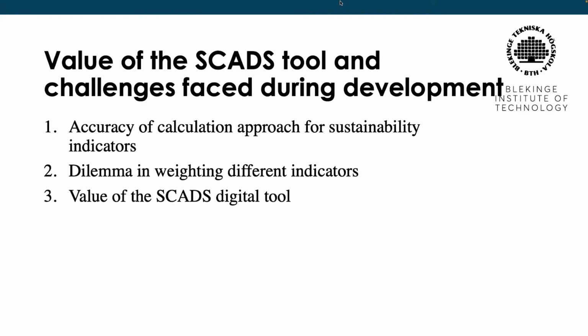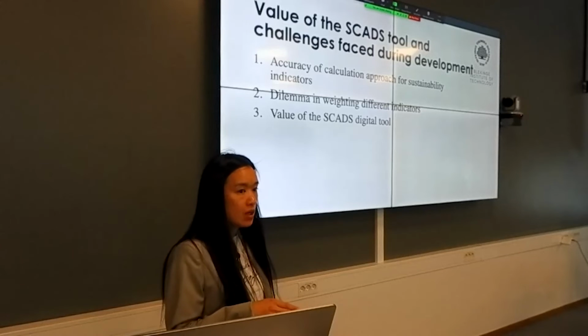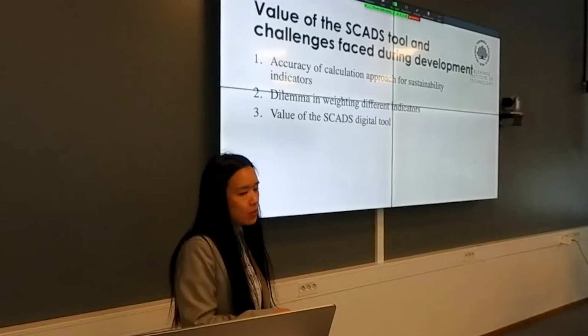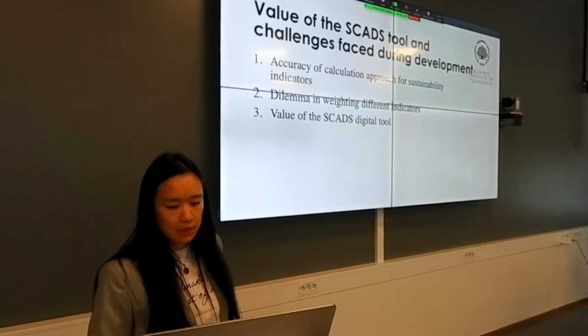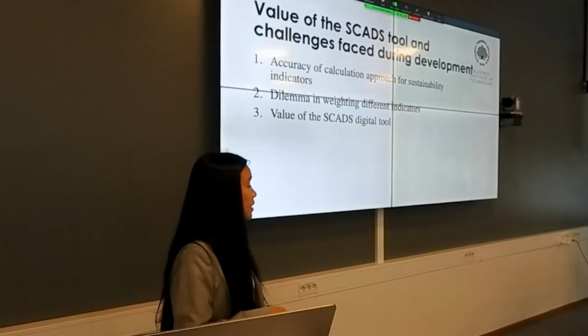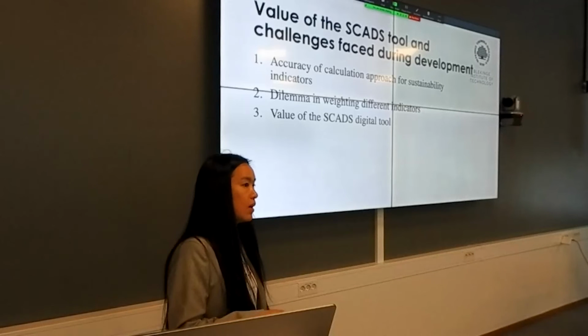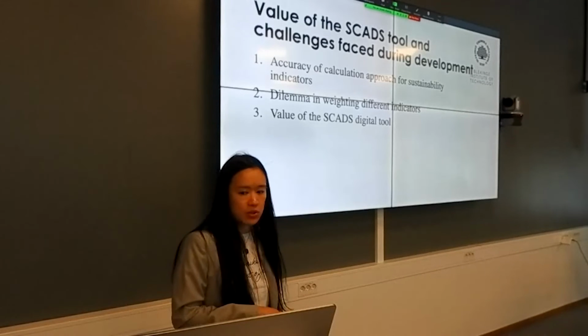And they also think a plus of this tool is that it's quite comprehensive, because all the criteria considered are included based on the sustainability design space, which is a systematic method. However, because many assumptions have to be made during the calculation, it also limits the accuracy of the final score.